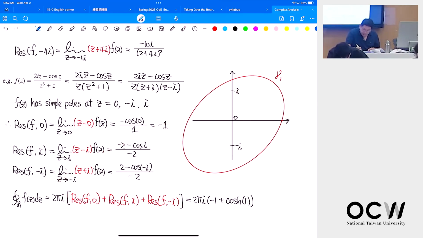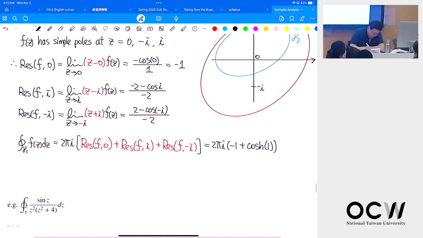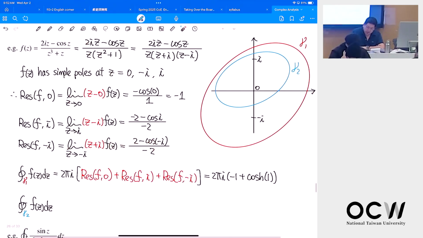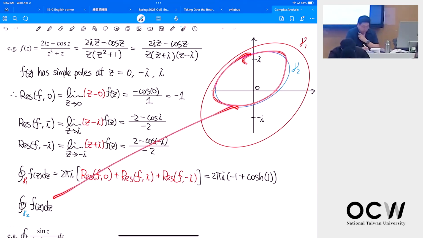If I have a curve gamma 2, then let's find the integration. So for gamma 2, what is the answer for this circular integration?